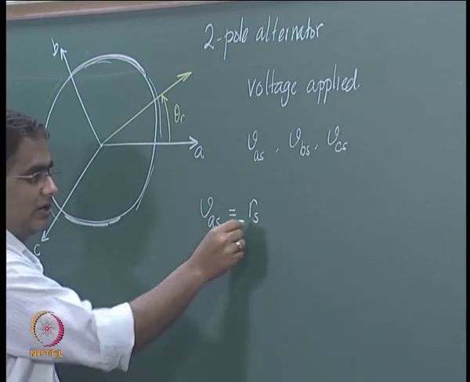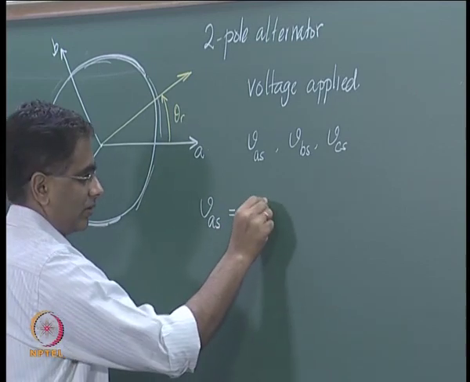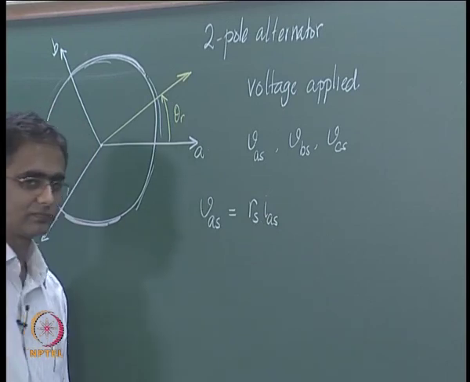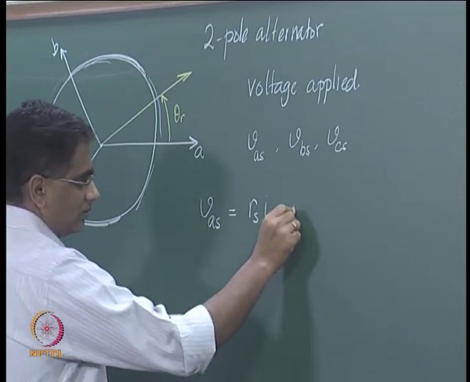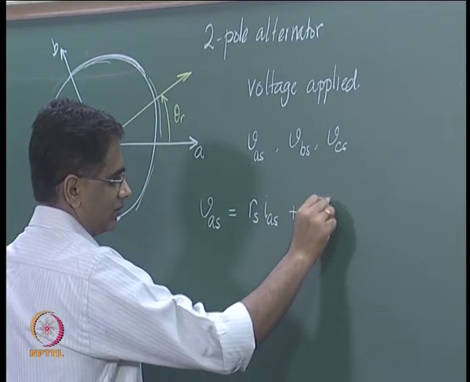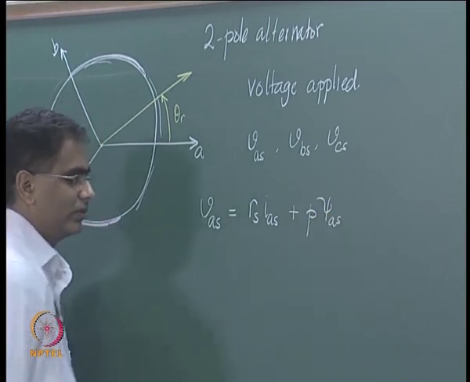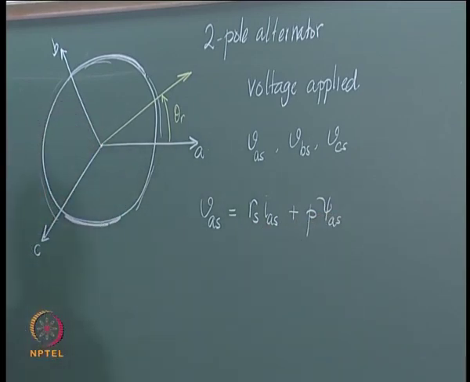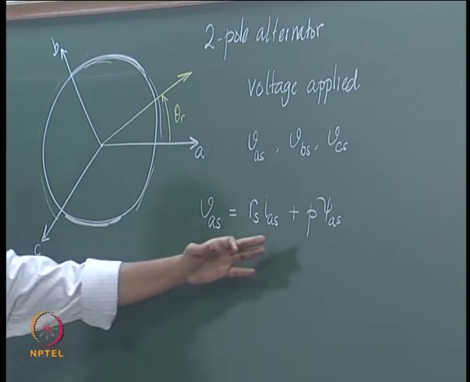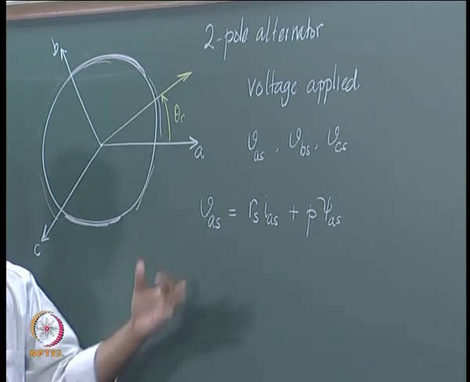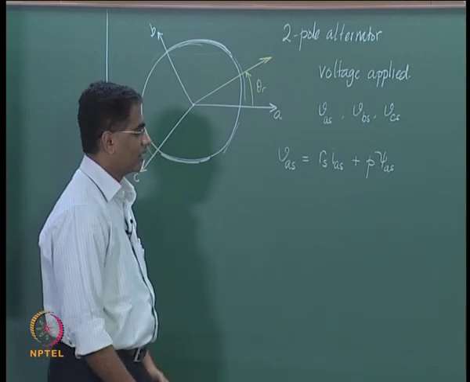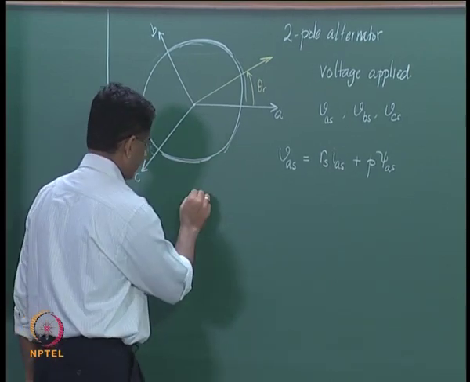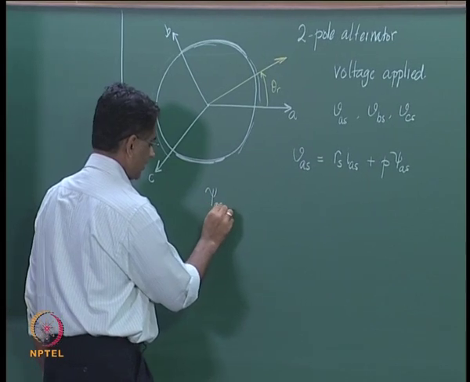So you have RS multiplied by IAS plus P times psi AS, where psi AS is the flux linkage of the stator A phase, and the derivative of that gives you the induced voltage. So now we will have to write down an expression for psi AS.